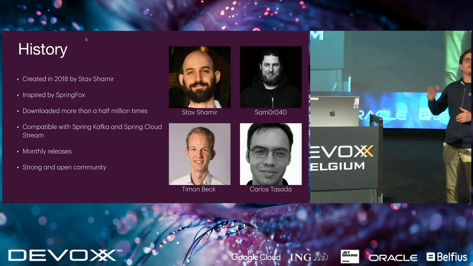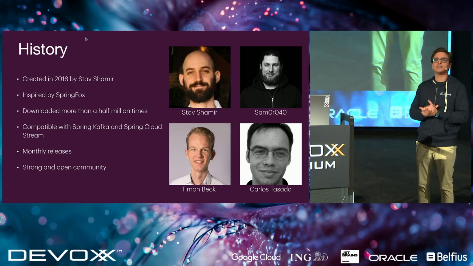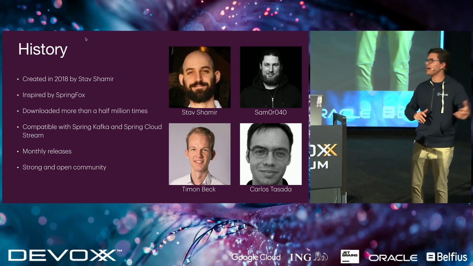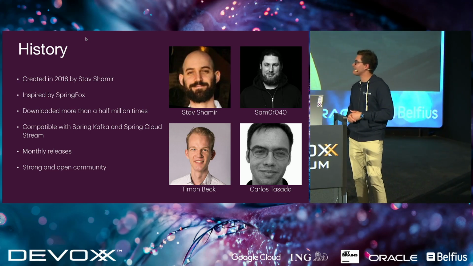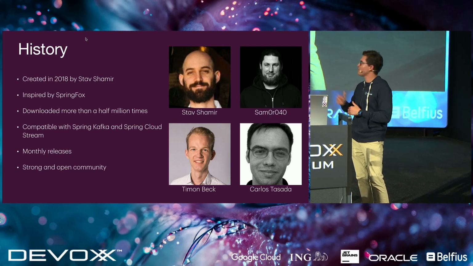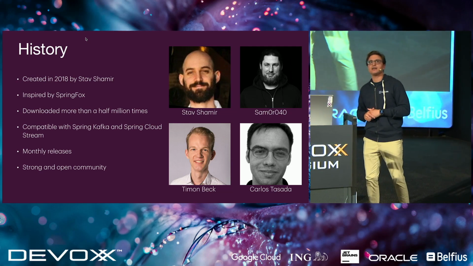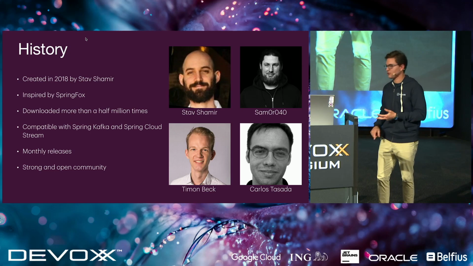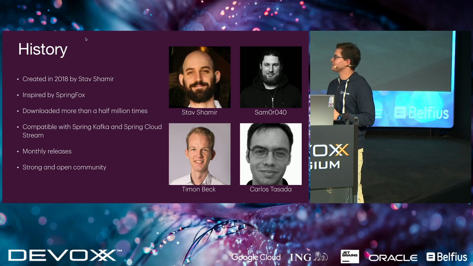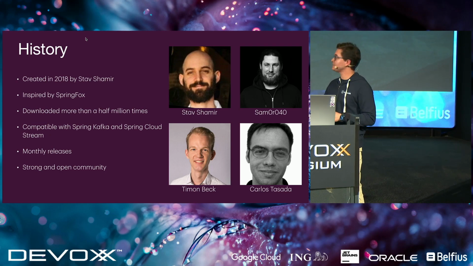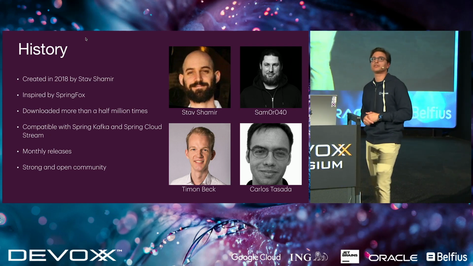It is inspired by SpringFox, so it's analogous: SpringFox for OpenAPI, Springwolf for AsyncAPI. It's been downloaded more than 500,000 times. It's compatible with Spring Kafka, Spring Cloud Stream, and also JMS, STOMP over WebSockets, and other protocols, SQS as well. It has monthly releases, and it has a strong and open community.